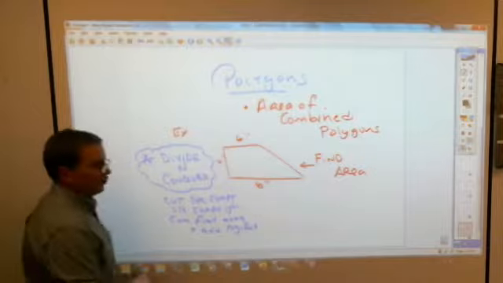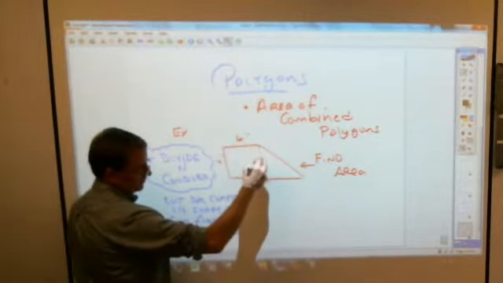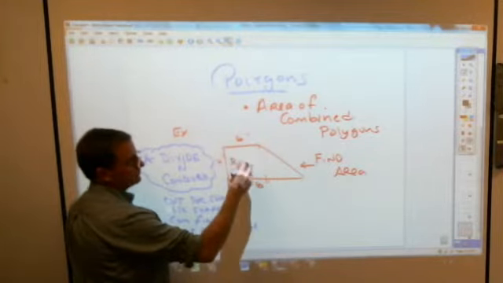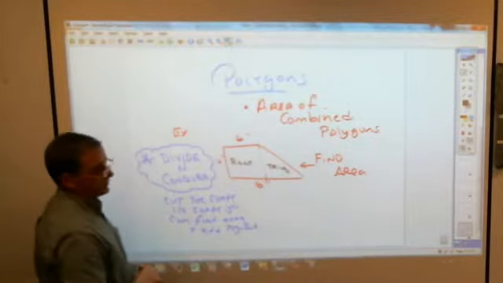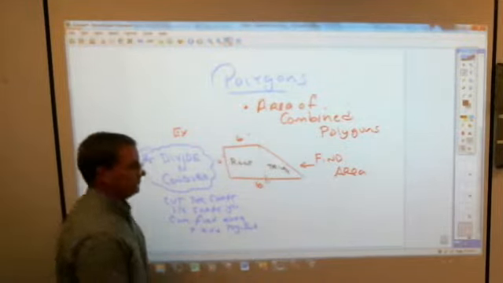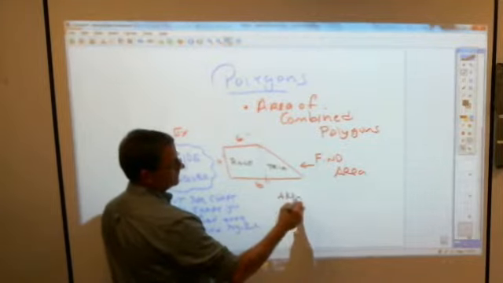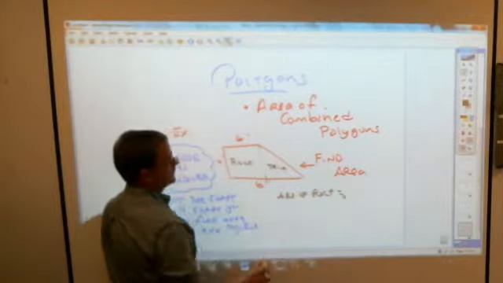So this shape right here, what am I going to cut it into? I am going to draw a nice little straight line down here. We've got this rectangle and we've got this triangle. And you're going to find their areas and simply add them together. Area of the rectangle is what?